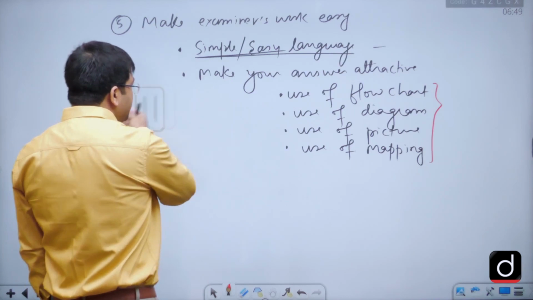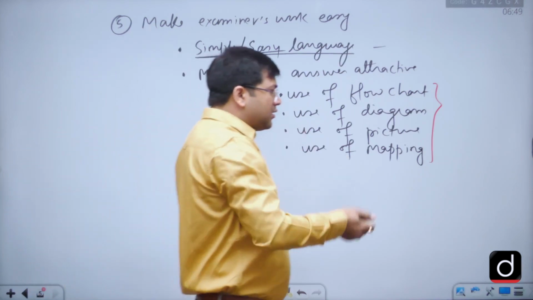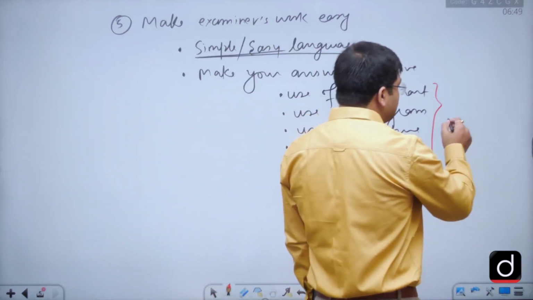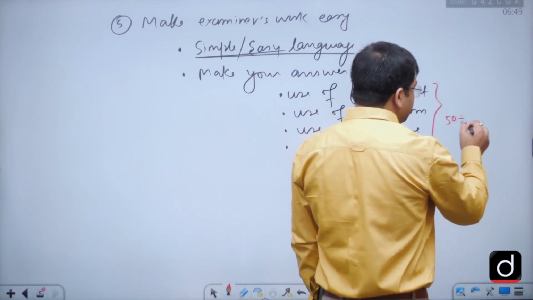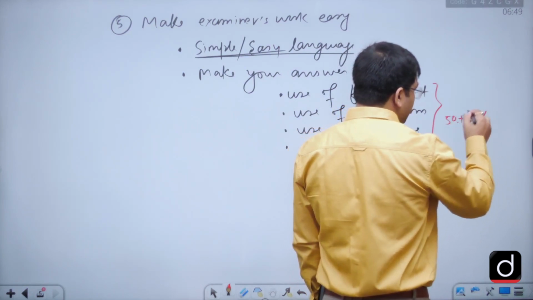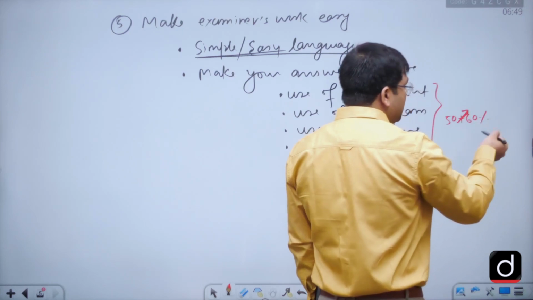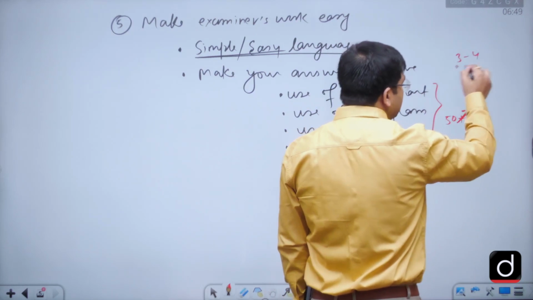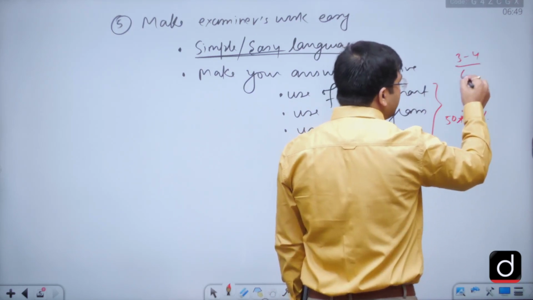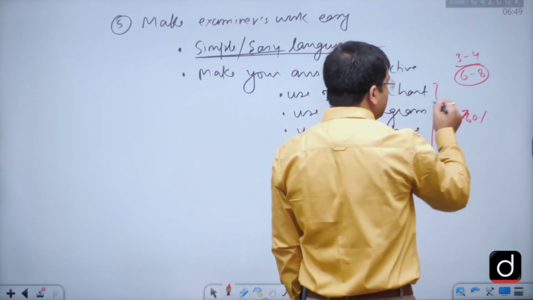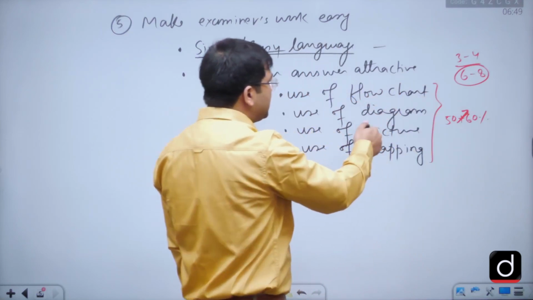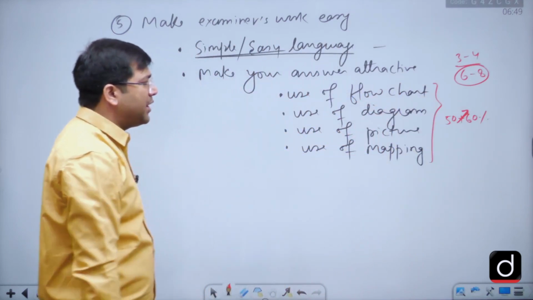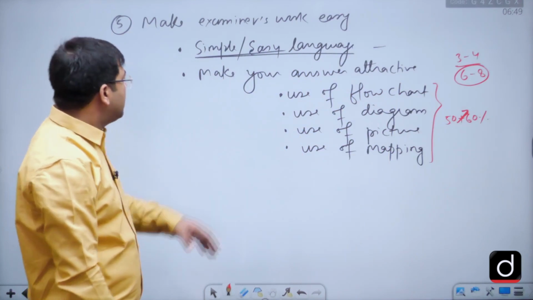These things must be associated, and trust me, it will add 50 to 60 percent more to your answer. In an answer, without these things, if you are getting 3 to 4 marks, then your marks will be somewhere around 6 to 8 when you use a flowchart, diagram, picture or mapping kind of things, right?